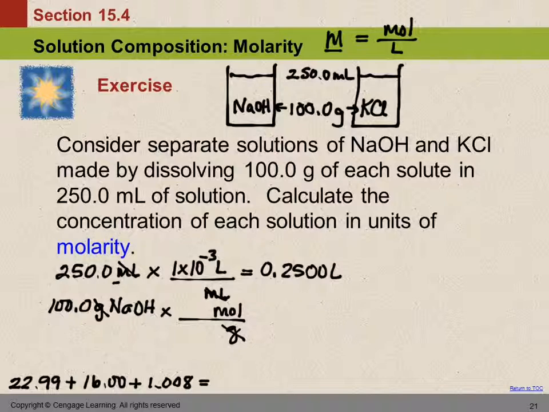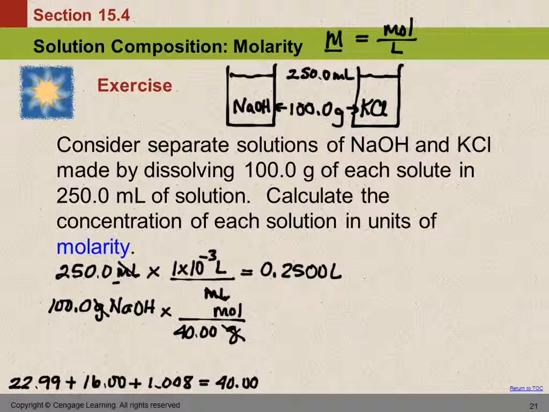I think that adds up to 40. 22.99 plus 16 plus 1.008. Yeah, 39.998, which we would round to 40.00. 40.00 grams.